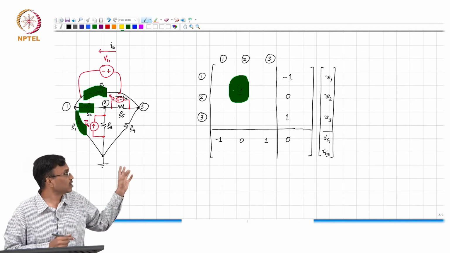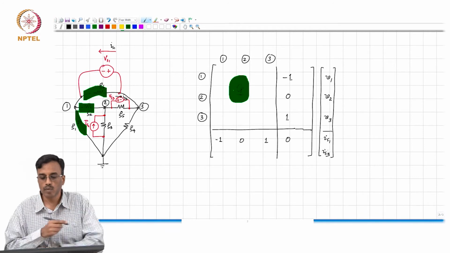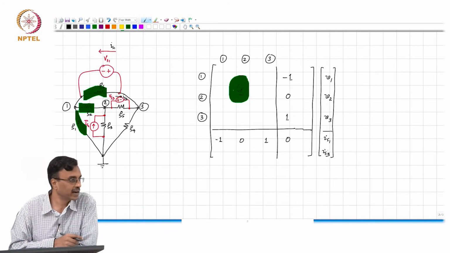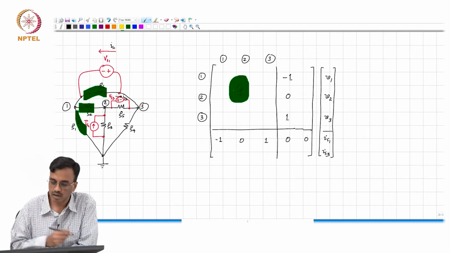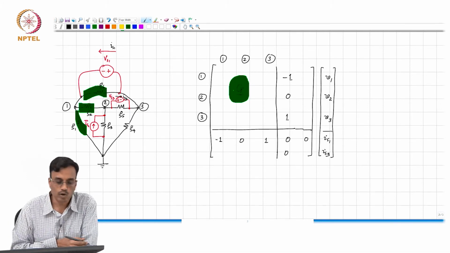So, for every extra voltage source, you augment this original conductance matrix by one extra row and one extra column. And what happens to the new row and new column that we need to add now?